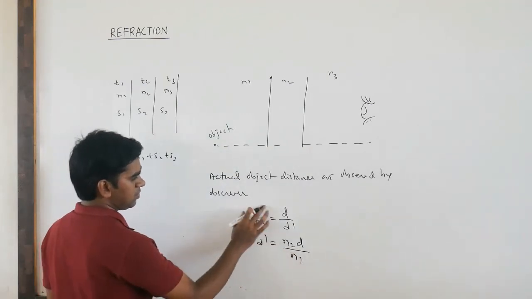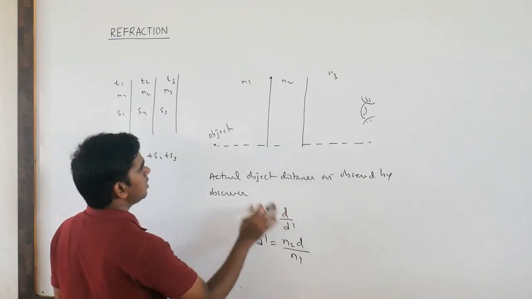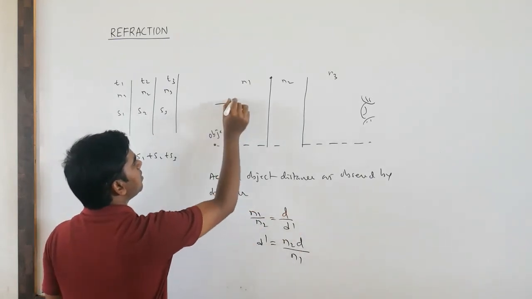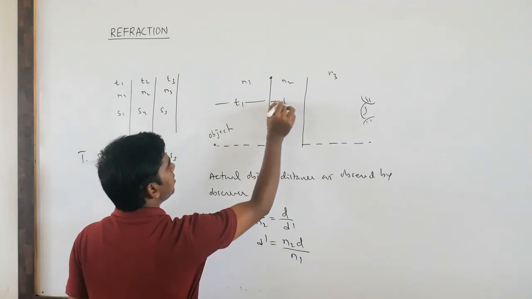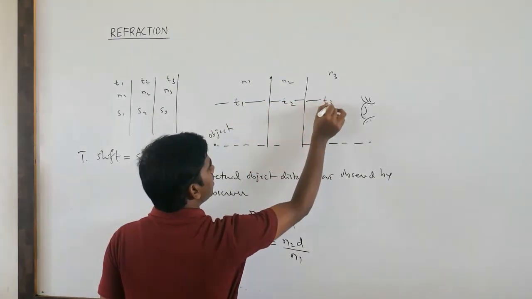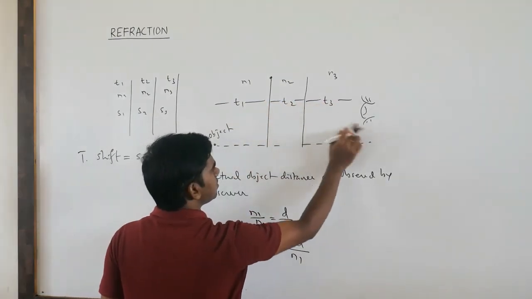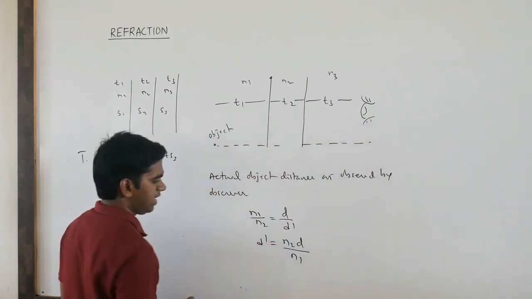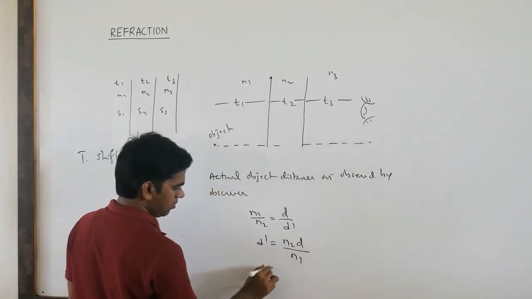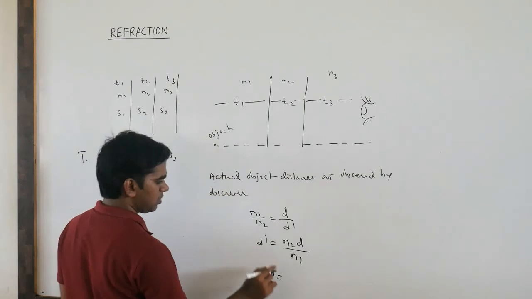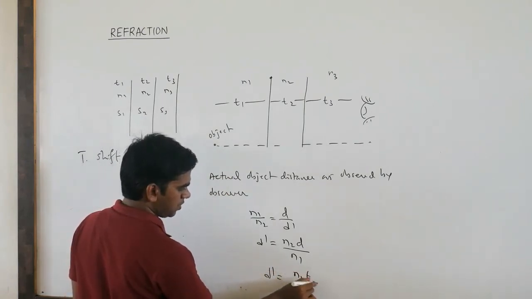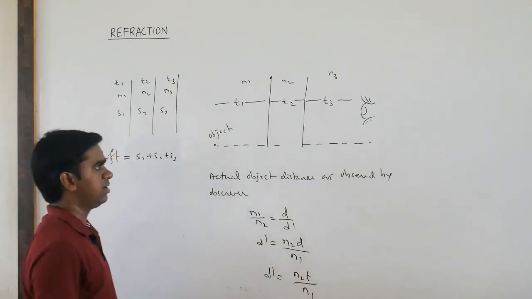Okay. What is the D? You can take from here to here thickness T1, from here to here thickness T2, from here to here thickness T3, or the distance of the eye from the slab we can take as T3. So your first apparent distance will become N2T divided by N1.